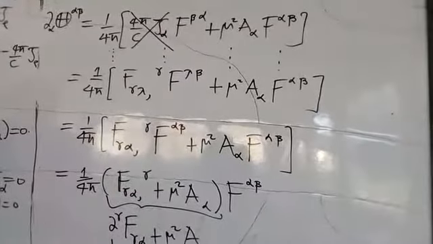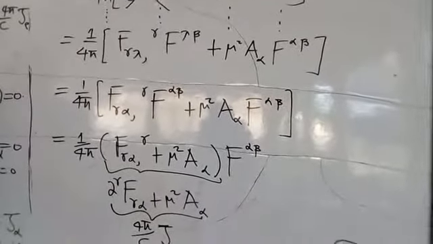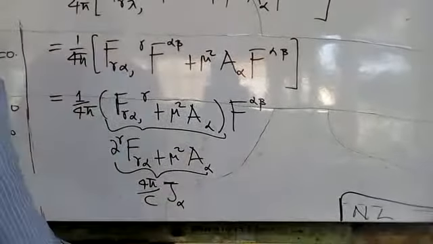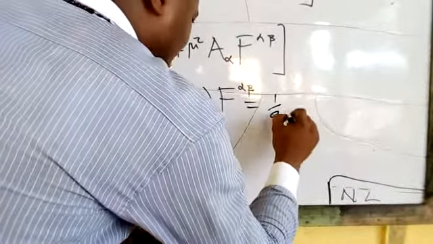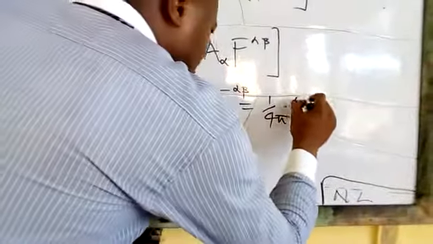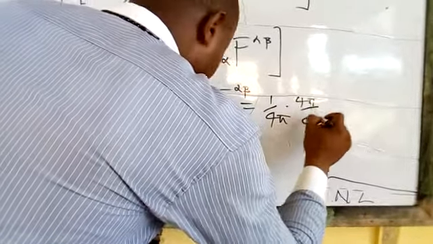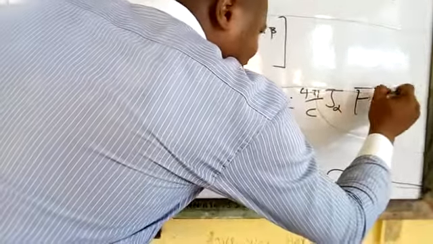Sorry, I got carried away, I forgot all about that, but having said that, it therefore means that what we have written so far is the same thing as 1 over 4 pi, and then what is in the bracket is 4 pi all over C times J sub alpha, then this here becomes F alpha beta.